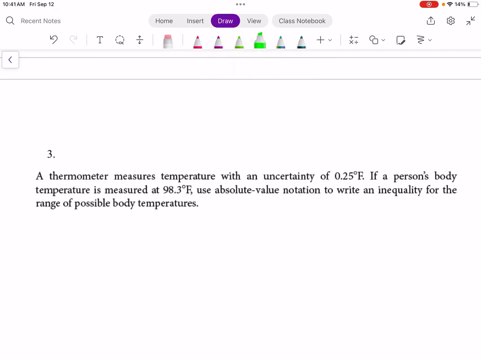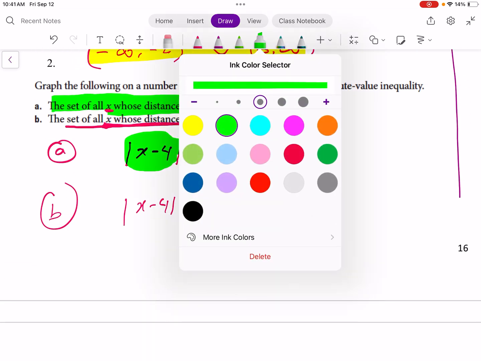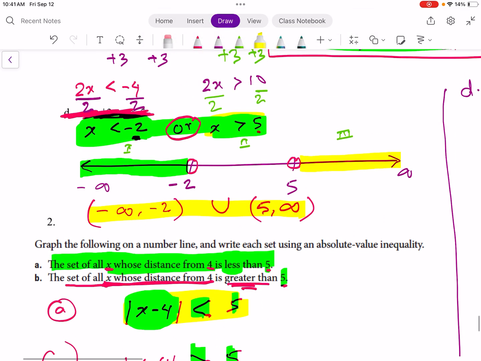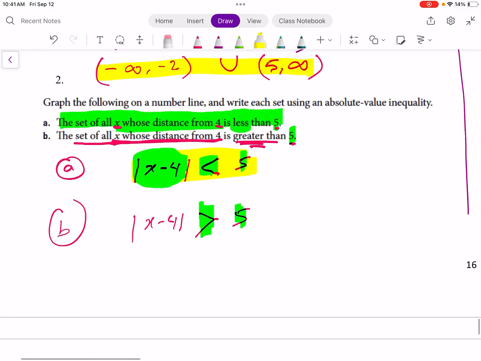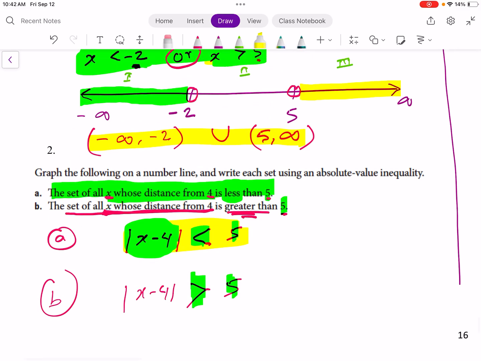A thermometer measures temperature with an uncertainty of, I'm sorry? The total graph of the number line. Yes, so this is an inequality, right? Now we have this inequality and we know how to solve it, like we solved A, B, C, D. You solve it very similarly to A, B, C, D and graph your solution on a number line.